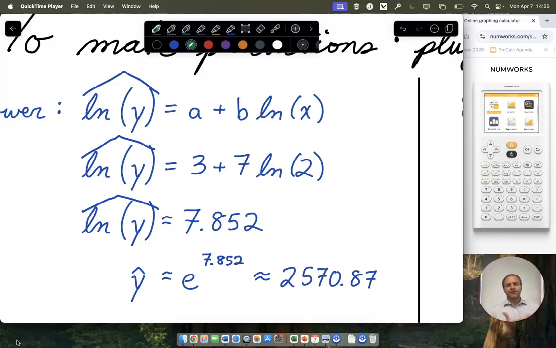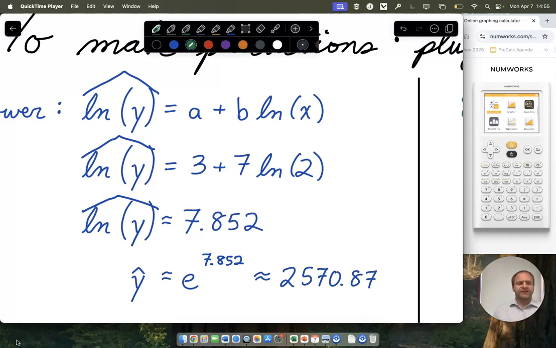And I'm going to always use the 3, 7, and 2 for each one. So 3 and 7 are my a and my b, and 2 is my x, and I plug them in, I'm going to get 3 plus 7 natural log of 2 equals the ln of y hat.